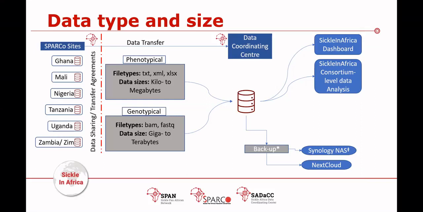Typically these data sizes are very small and can be easily transferred by email, etc. Genotype data like BAM and FASTQ files are pretty big. So we're looking at giga to terabytes worth of data that needs to be transferred sometimes in one go. Typically a BAM file would be anything from 6 to 10 gigabytes.